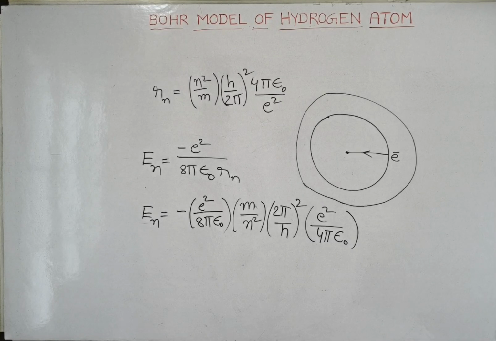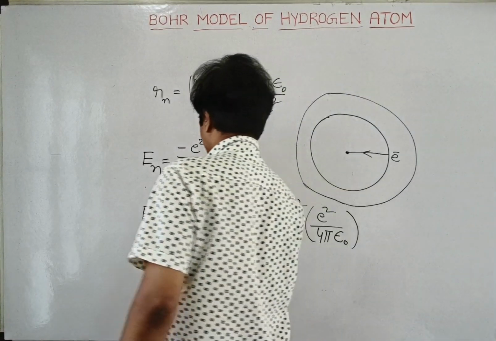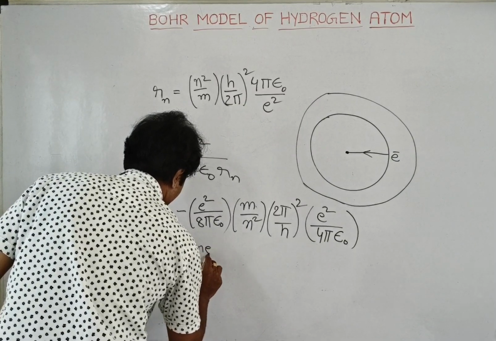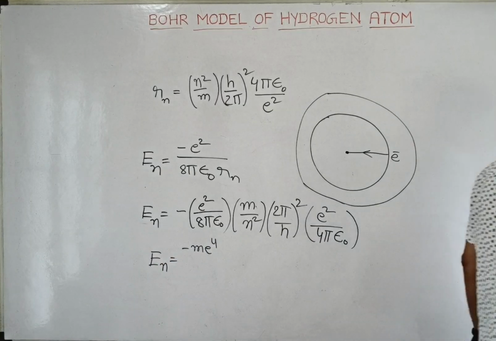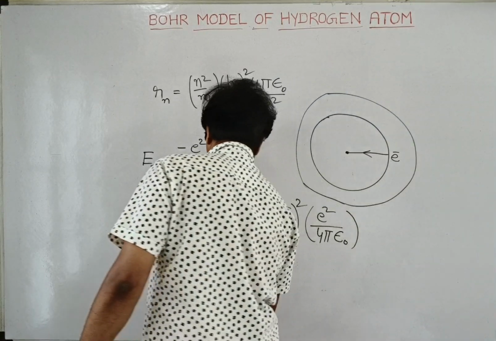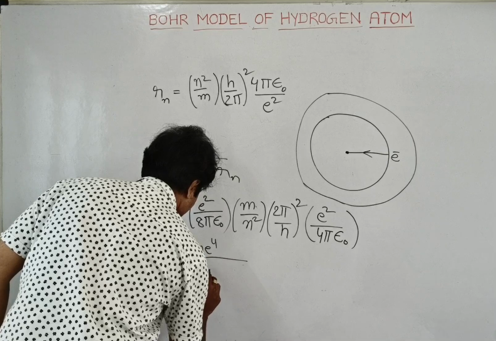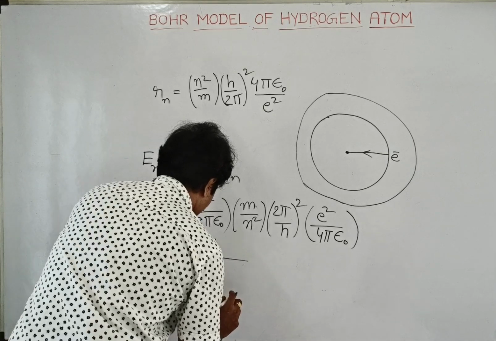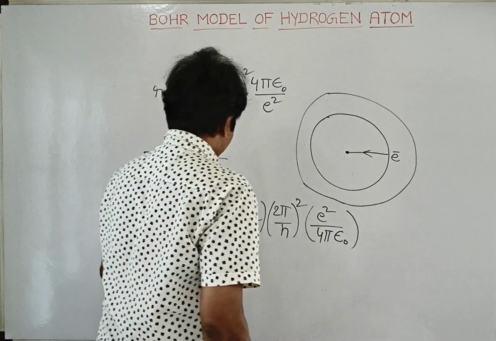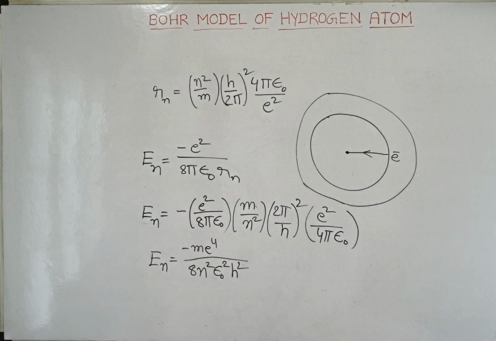By simplifying this, we will get minus m e power 4 by 8 n square epsilon naught square h square. So this is the energy equation we got.